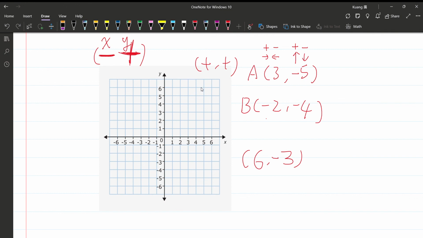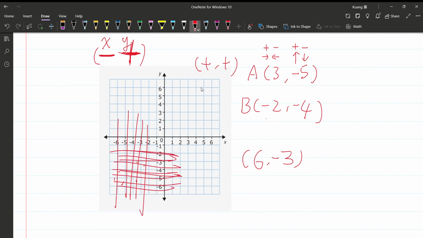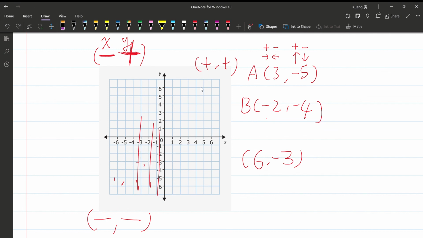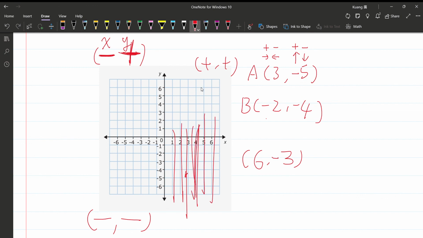In quadrant 3, no matter where you are, both your x-coordinate and y-coordinate will be negative, right? So negative, negative. Lastly, in quadrant 4, your x-coordinate is always positive and the y-coordinate is always negative.